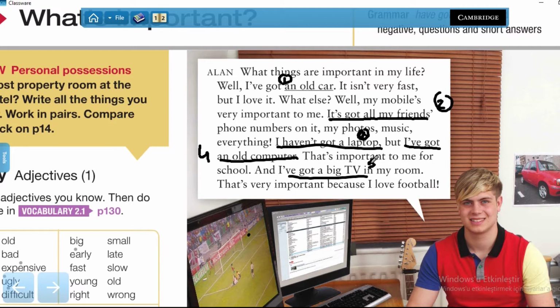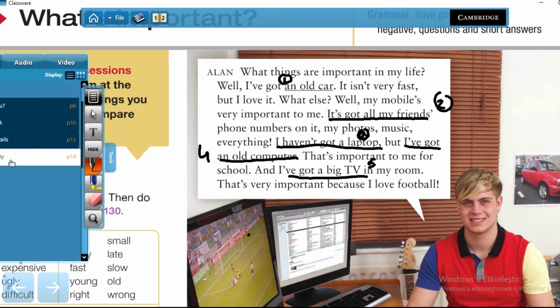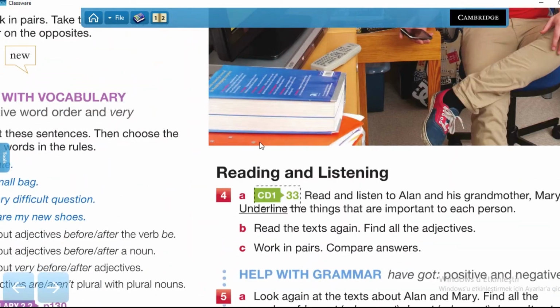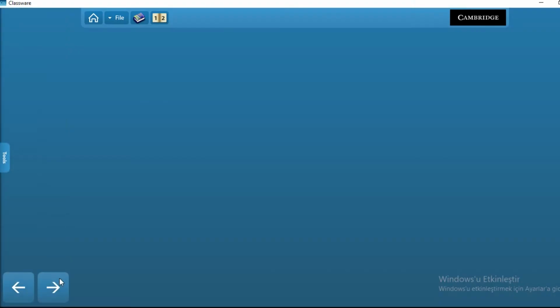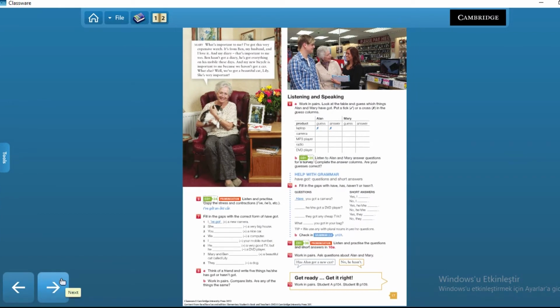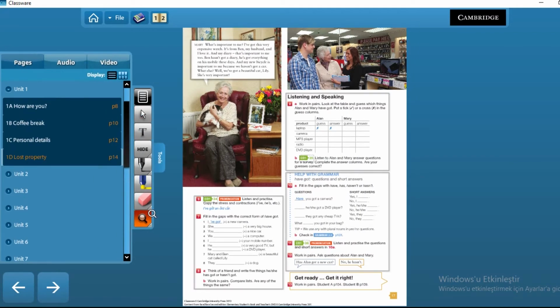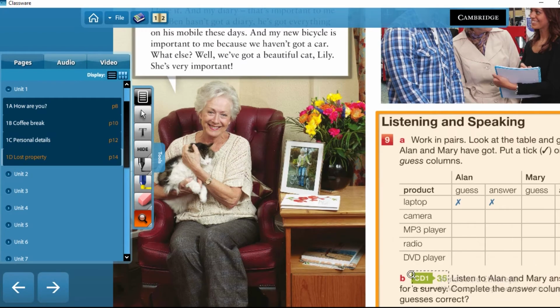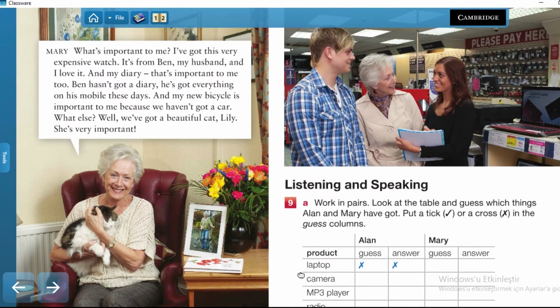Now let's get to Alan's grandmother. Her name's Mary. Let's open the first page, the second page, and have a look at what she has got and what she hasn't got. Mary, what's important to me?